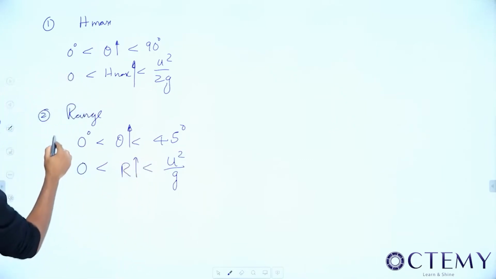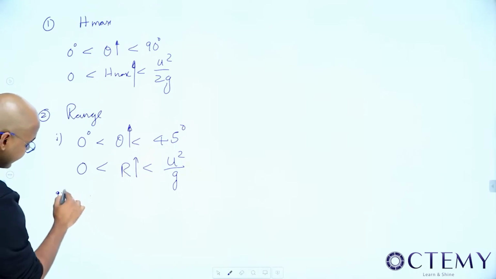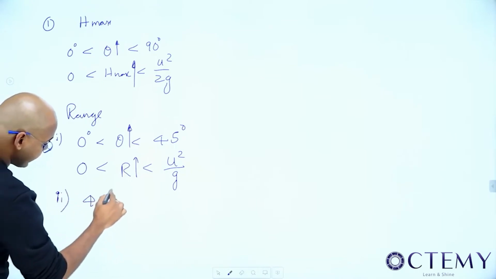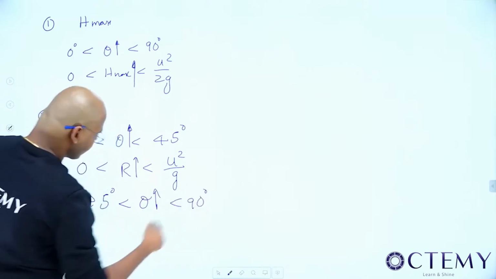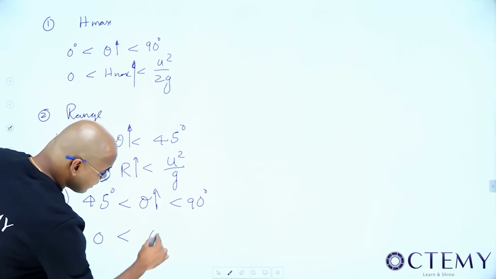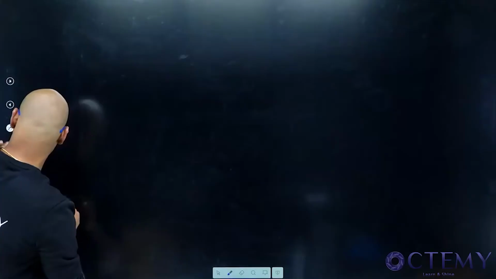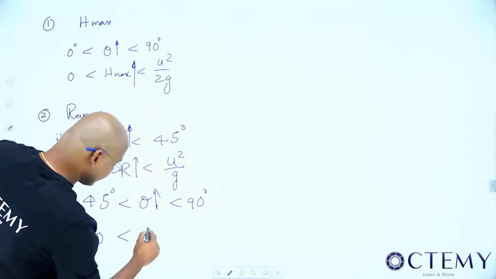Now, that is the first case. What is happening if theta is increasing from 45 to 90 degrees? Now tell me what happens. My range is not increasing.